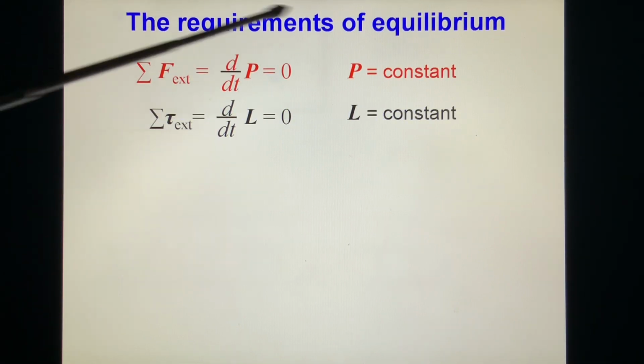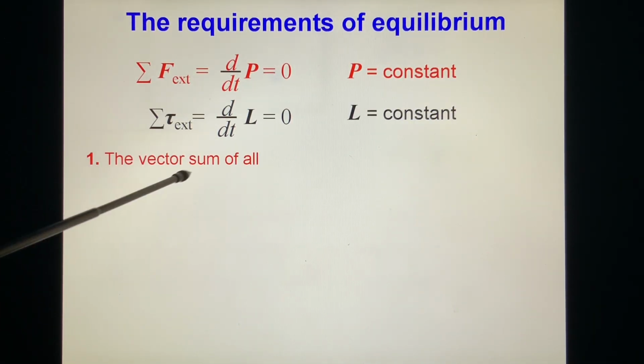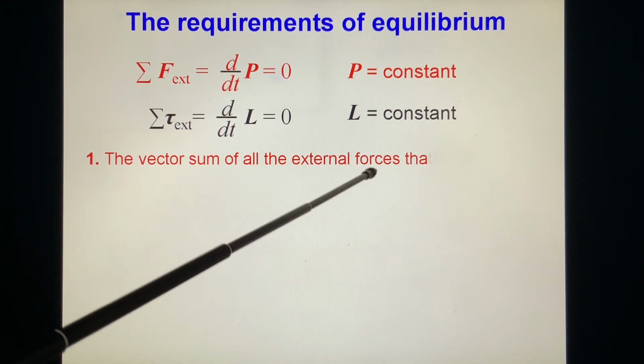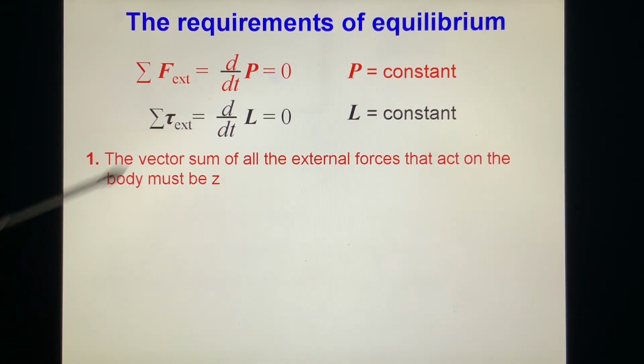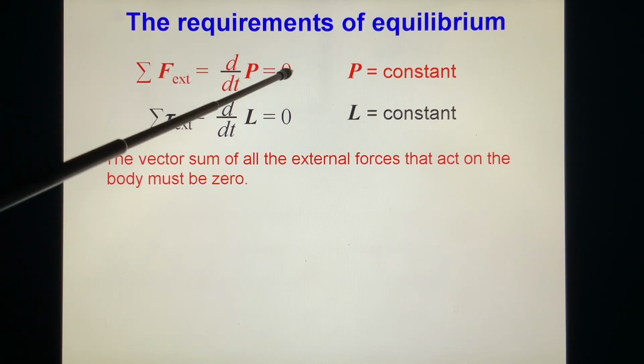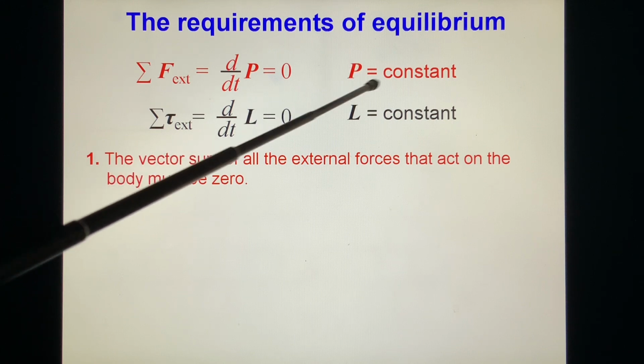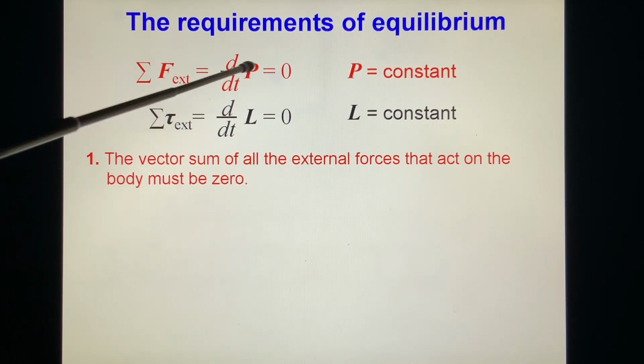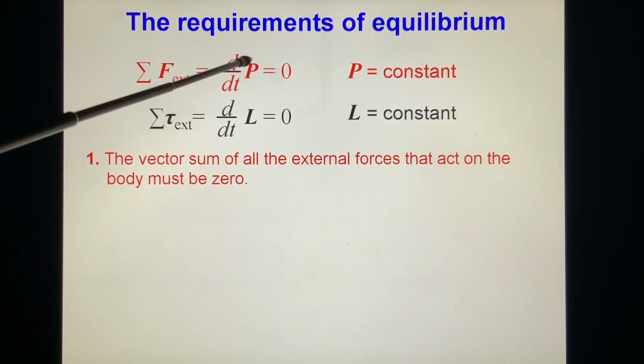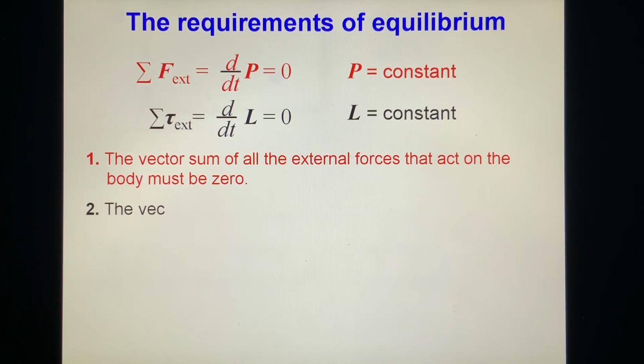The requirements of equilibrium. 1. The vector sum of all the external forces that act on the body must be 0. Now, sigma F external equals 0. That means the linear momentum p equals a constant, because the rate of change of linear momentum equals sigma F. 2.